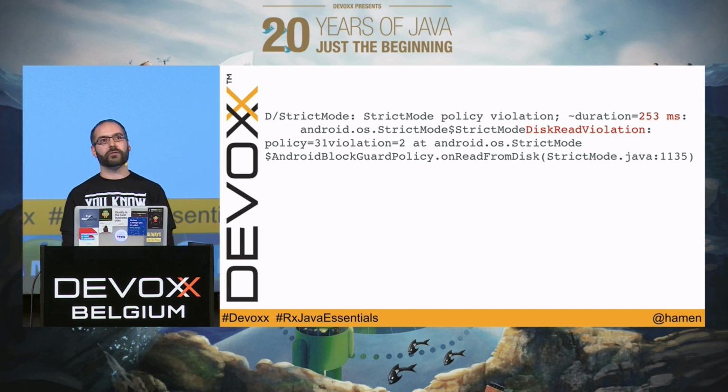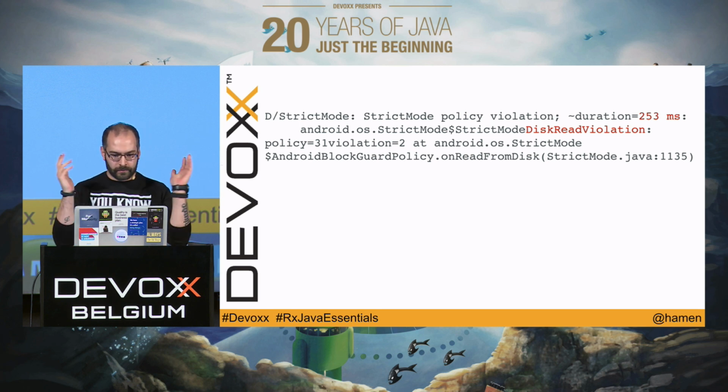Basically, we are reading from the SD card in a blocking synchronous way, and we are wasting 200 and something milliseconds every time. So we are doing work on the UI thread. That means that the UI is stuck when we are reading. Try to imagine a network call. It will be even worse.